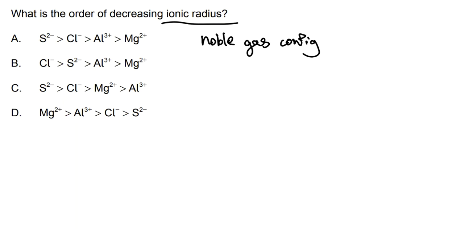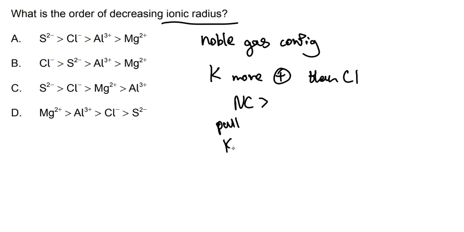However, based on the fact that potassium has more protons than chlorine, this is going to have a greater nuclear charge. Nuclear charge is greater, so if nuclear charge is greater, we have stronger pull. So the K+ ion should be smaller.